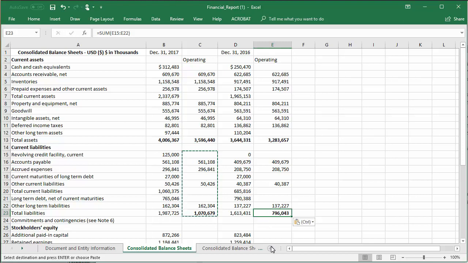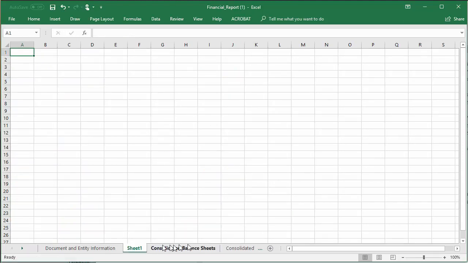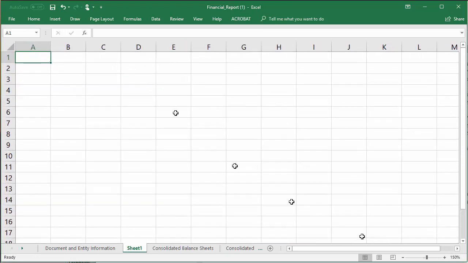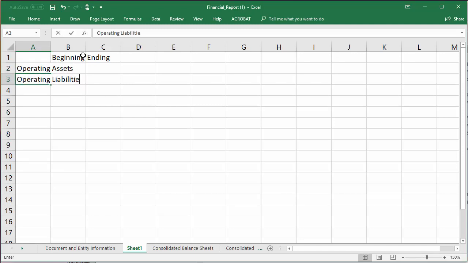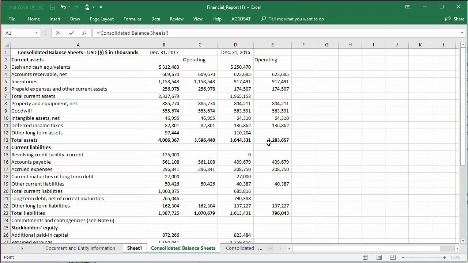And I'm going to make a new sheet here so that I can keep track of everything that's going on. And I would have, let's see here, beginning, ending, and operating assets, operating liabilities. So my beginning operating assets are 3283.